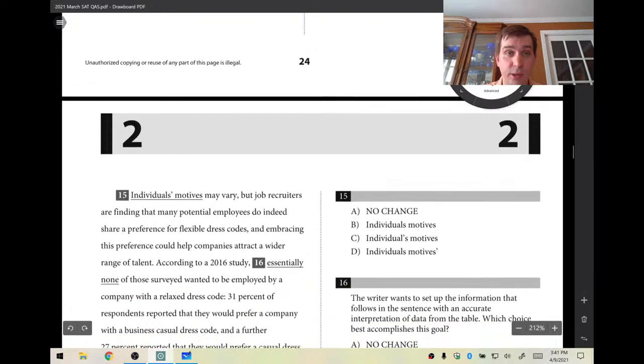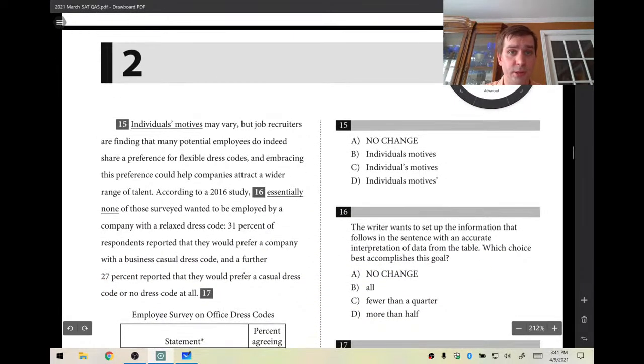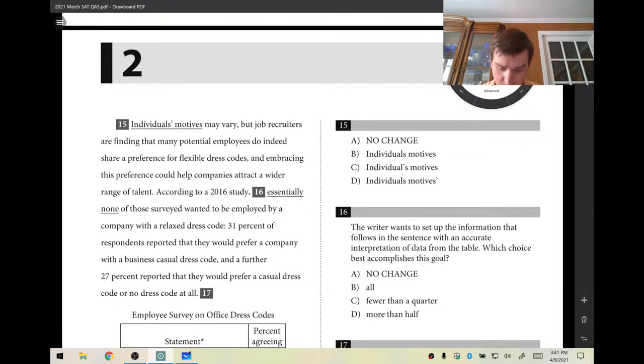All right, moving right along, we are on number 15. Individuals, motives. So that's plural. Many individuals possess motives, may vary, but job recruiters are finding that many potential employees do indeed share a preference for flexible dress codes and embracing this preference could help employees attract a wider range of talent.